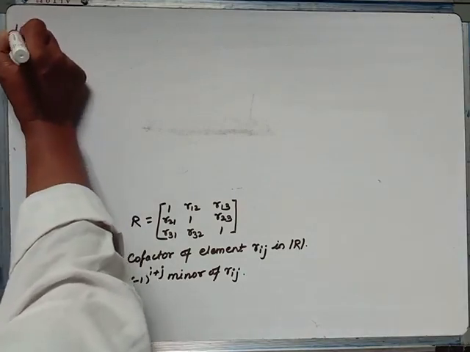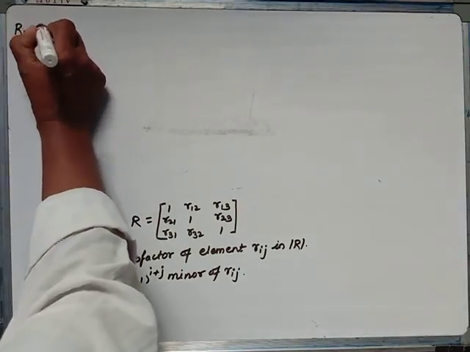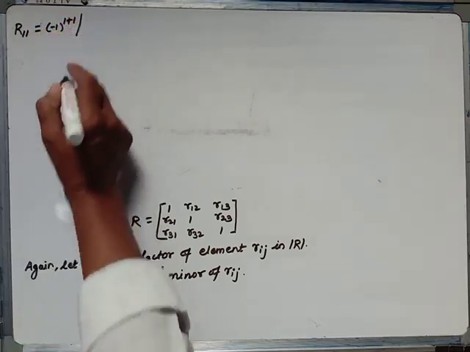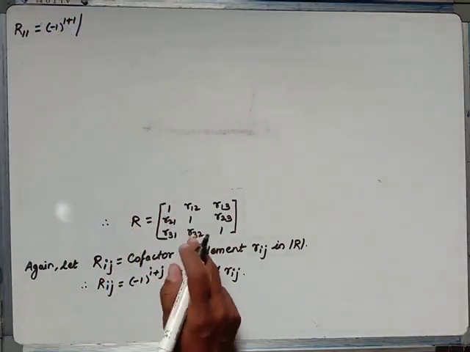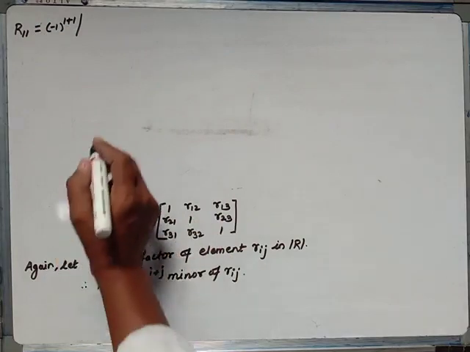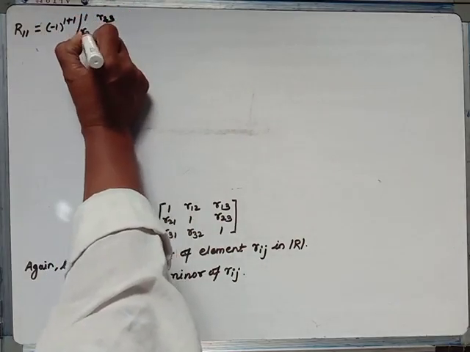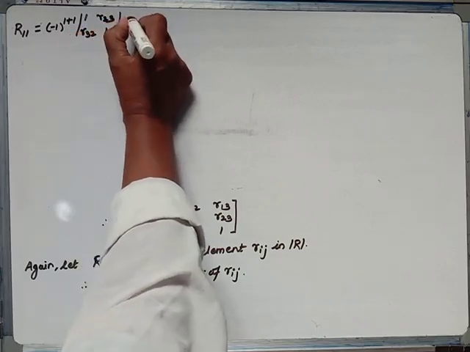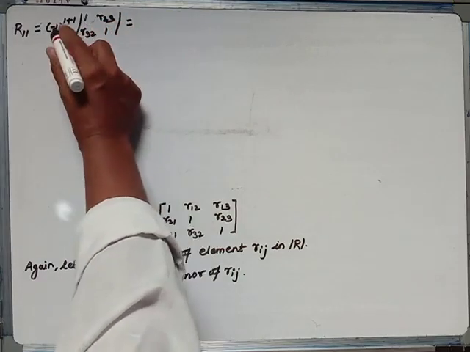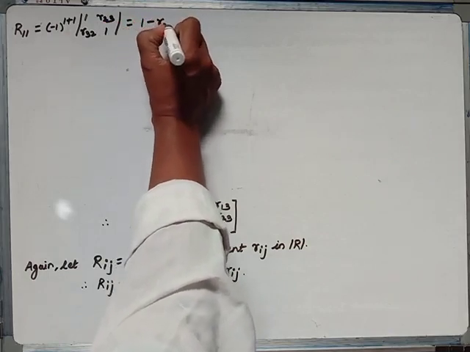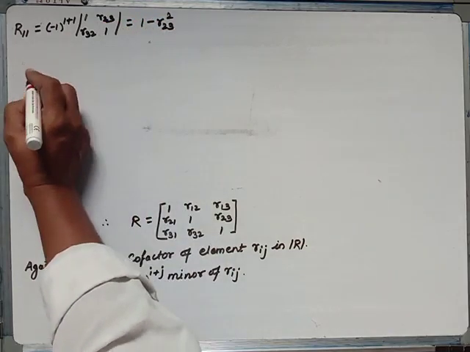So let me start from R11. R11 will be minus 1 raised to 1 plus 1 into the minor of R11. The minor will be the entries 1, R23, R32 and 1. So it is 1 minus R23 square. Right?